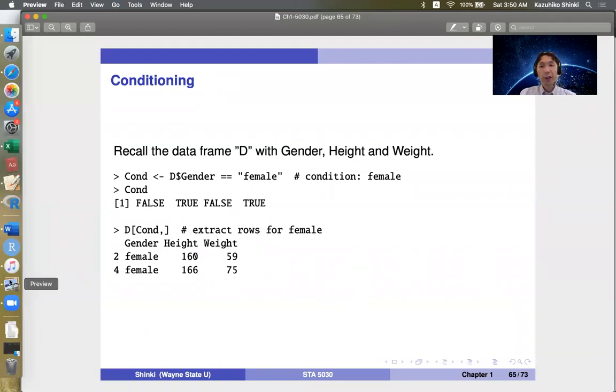Next, the conditioning. Sometimes we want to confine the data set. For example, the data set includes both male and female, but we want to extract the female only. We can do that job by using logical operations.